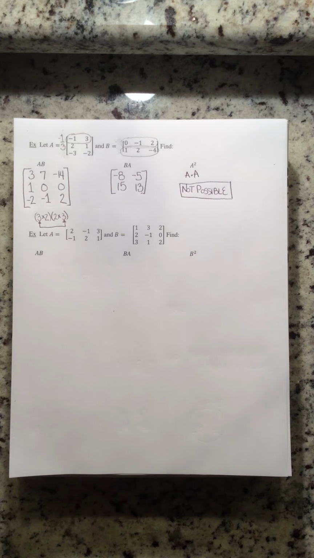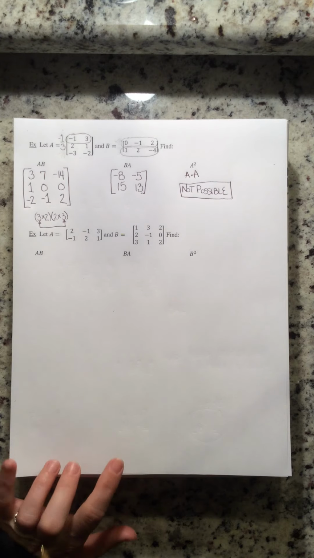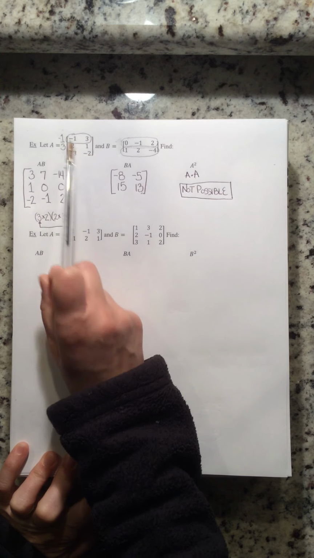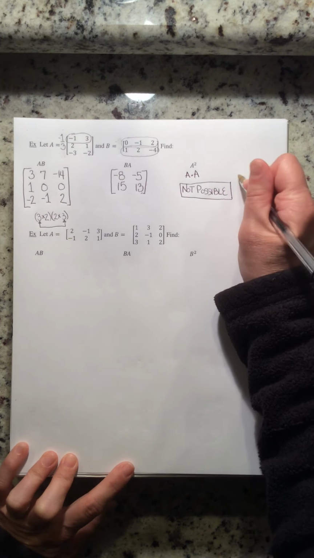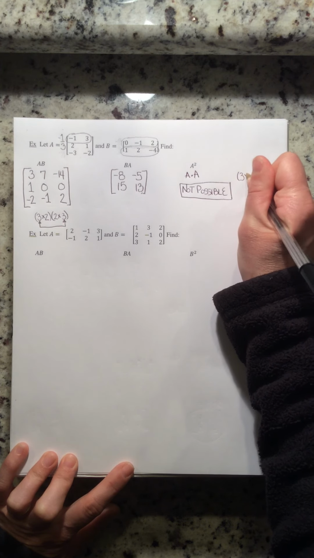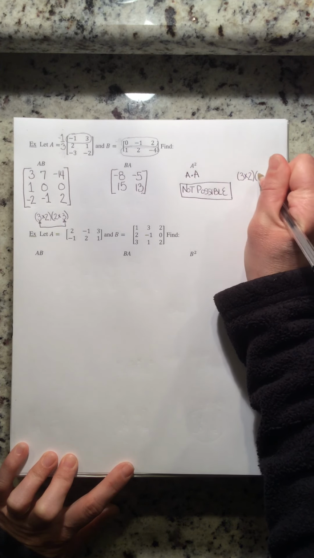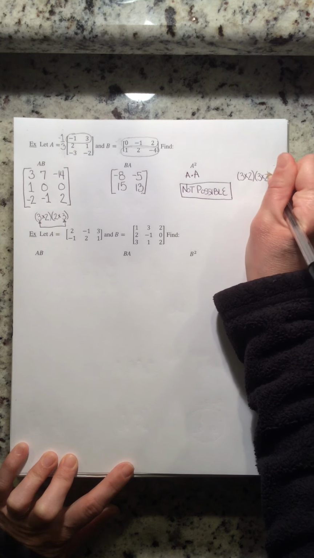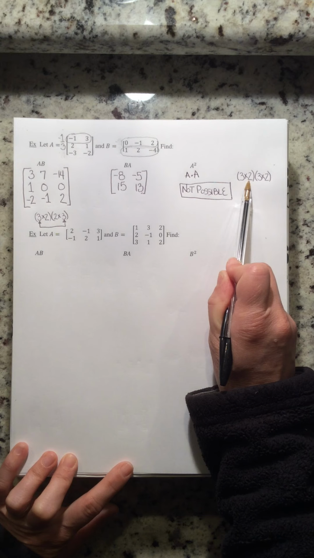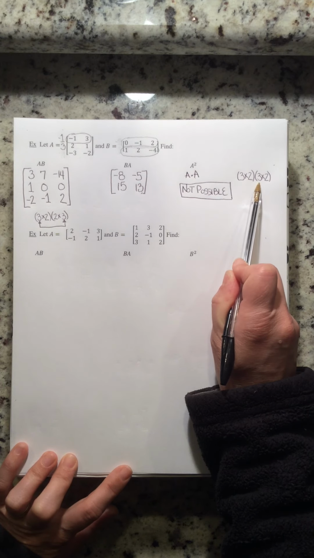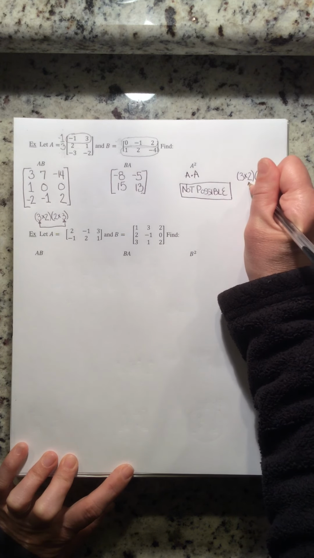Okay, let's talk about why that was not possible. Remember, A had 3 rows, 2 columns. So A was a 3 by 2. So if you're trying to multiply a 3 by 2 times a 3 by 2, what I want you to notice is that the columns of the first matrix are not the same as the rows of the second matrix.